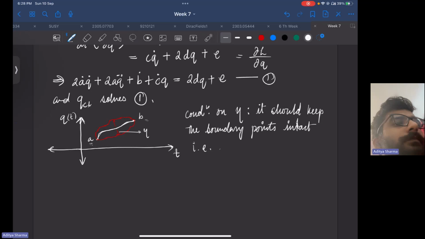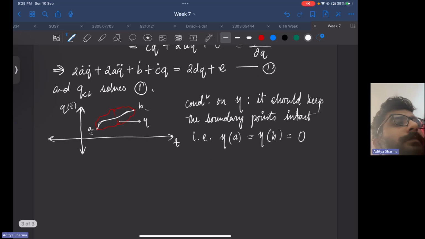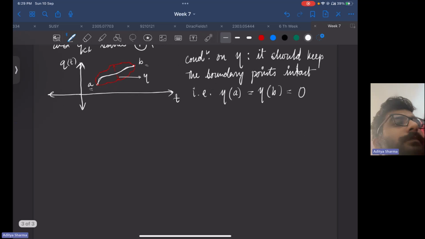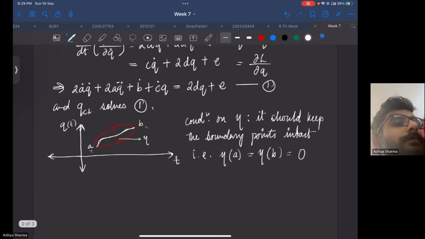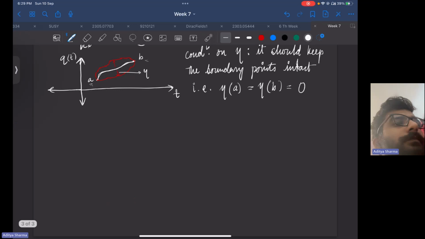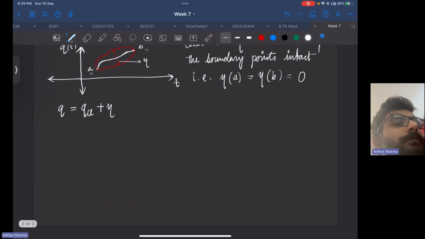What I mean by this is eta at A is equal to eta at B is equal to 0. Now in the path integral, our q is q classical plus eta. These are all functions of t, and dropping t for notational convenience.